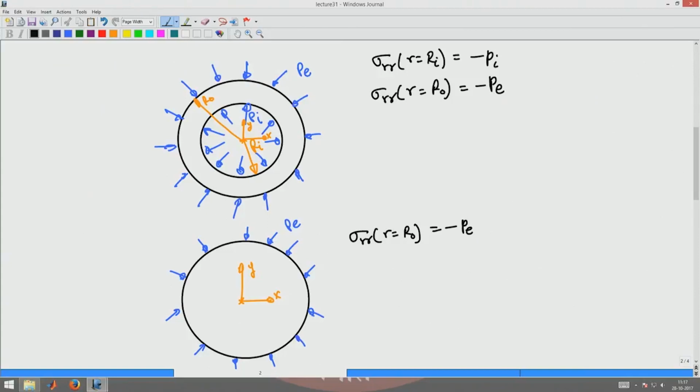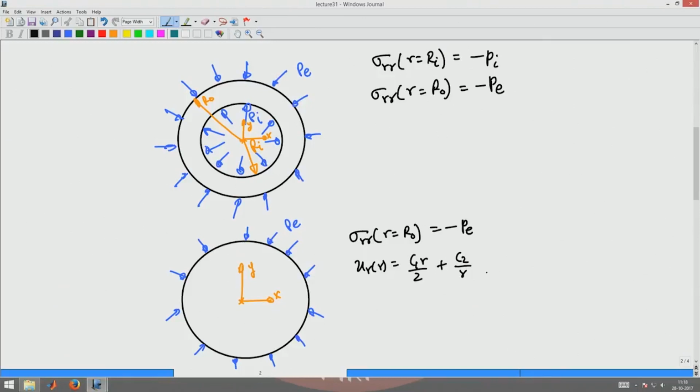The other boundary condition comes from the fact that the displacement field should be bounded in the domain of the problem. We got u of r to be C1 r by 2 plus C2 by r. As r tends to 0, you find that C2 by r goes to infinity, which means the center of the cylinder has an infinite displacement if this were the displacement field, which is not allowable.